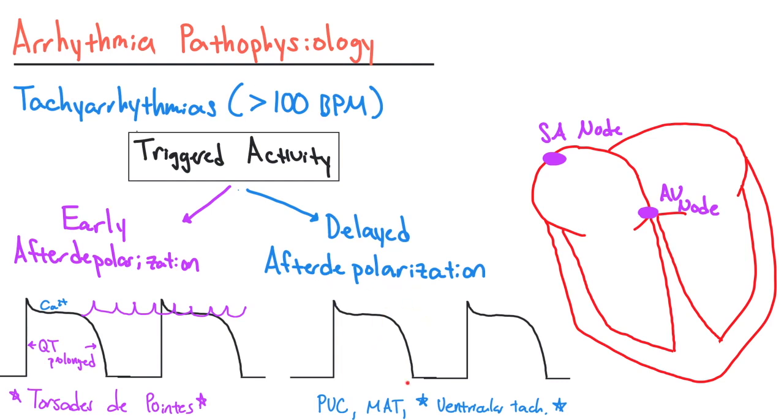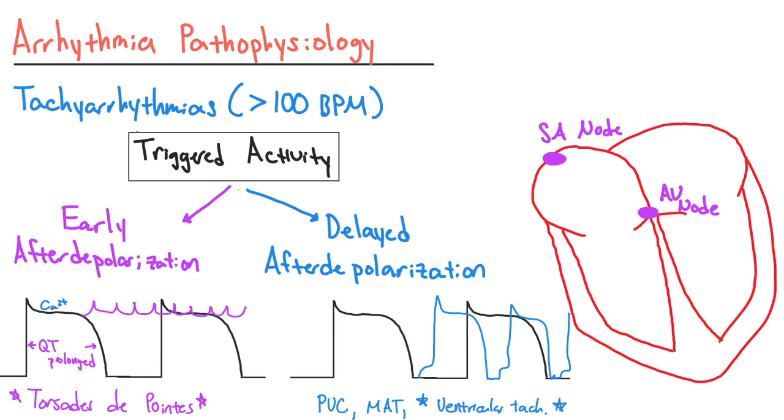We will normally see these a little bit later in the action potential, so not quite as early as the early after depolarizations, but in this more repolarized state, or sometimes in this nearly fully repolarized state in stage 4. So your delayed after depolarizations will look a little bit more like this.